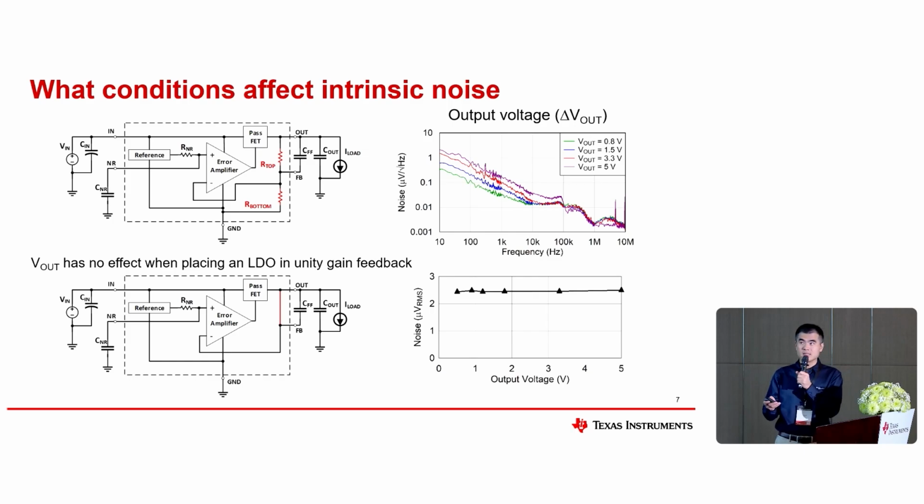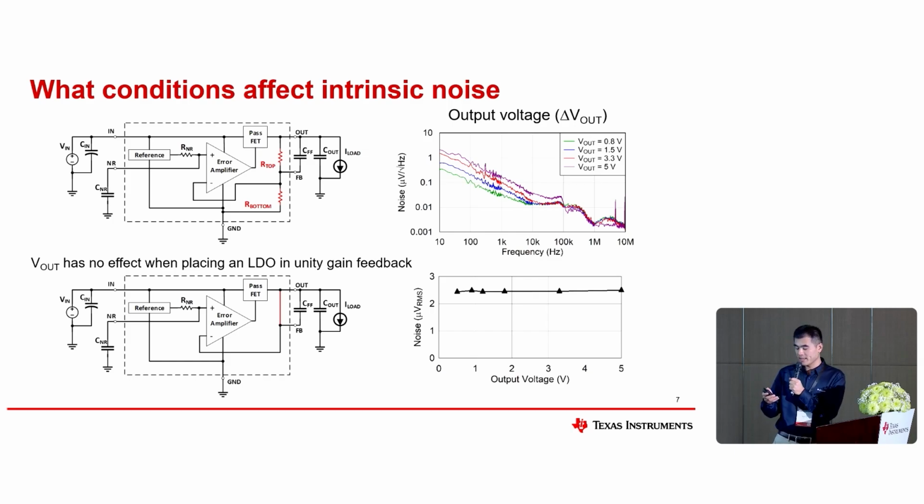Let's take a very easy example where the output voltage is 1 volt and the reference is 0.2 volts. The feedback resistor will divide 1 volt to 0.2 volts, but for the error amplifier, the gain will increase.